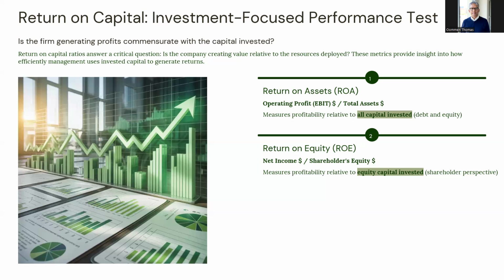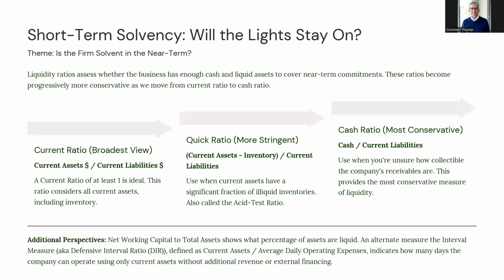And when we look at solvency, we're going to look at two perspectives. One is the short-term solvency, meaning can the company cover its near-term commitments and keep the lights on in the short term? And after we are done with that, we will look at the company's ability to meet its long-term obligations.